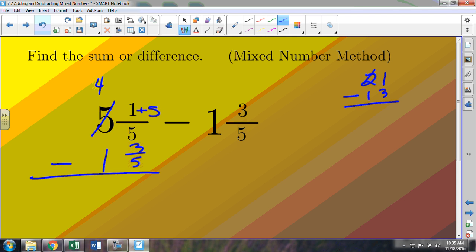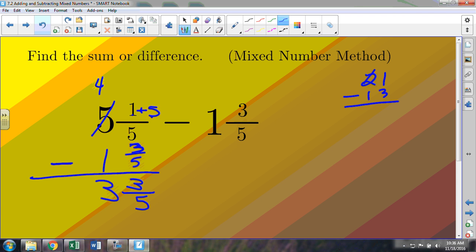And so our work then, 1 plus 5 equals 6. 6 subtract 3 is 3. Denominators match. 4 subtract 1 is 3. Done. Same answer, 3 3/5.